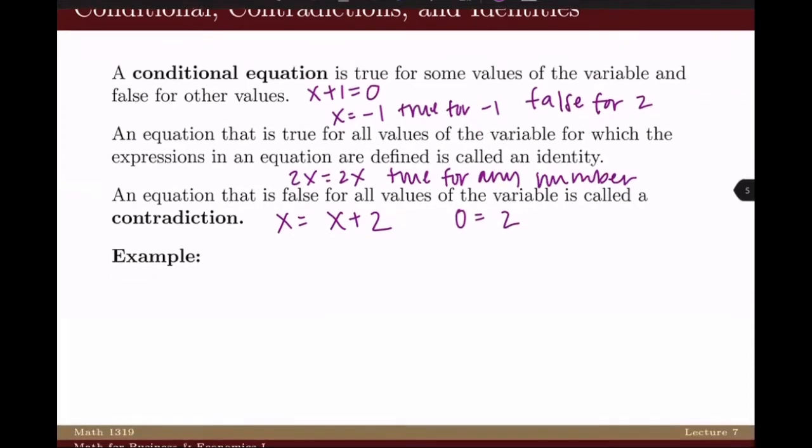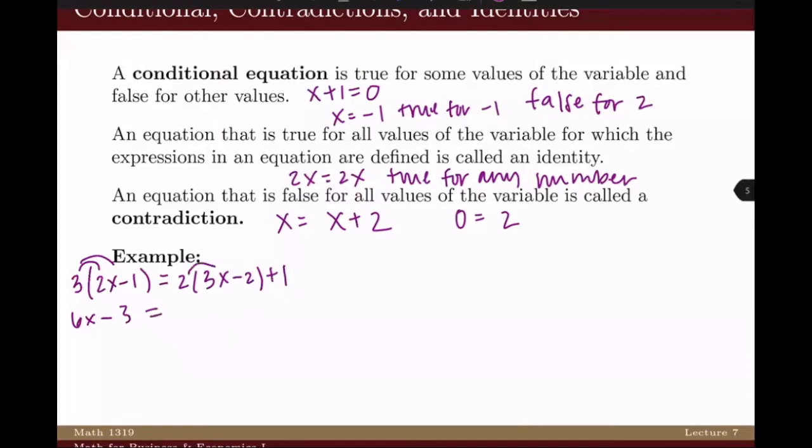And then some additional examples would be if you had something like 3 times 2x minus 1 equals 2 times 3x minus 2 plus 1. So distributing this 3 will get 6x minus 3 equals 6x minus 4 plus 1.